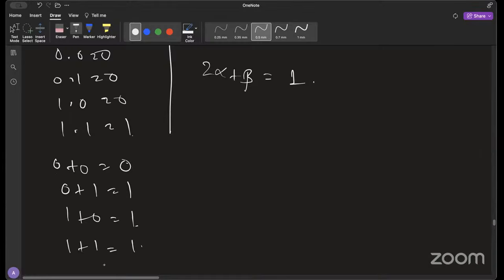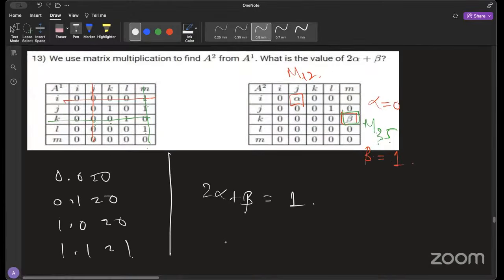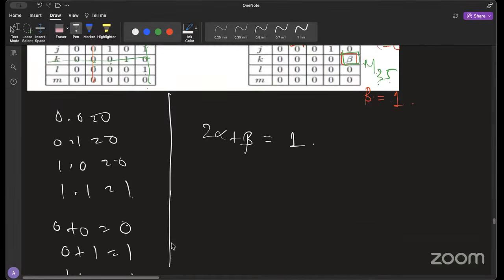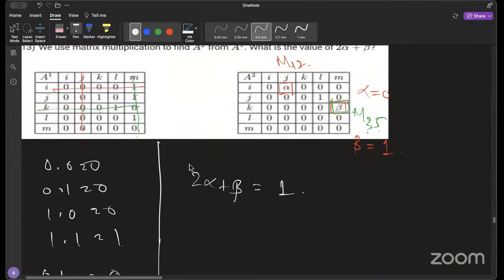So all in all, while multiplying, if you see 1 plus 1 plus 1, something like this just means 1. So the value of this expression is just 1.